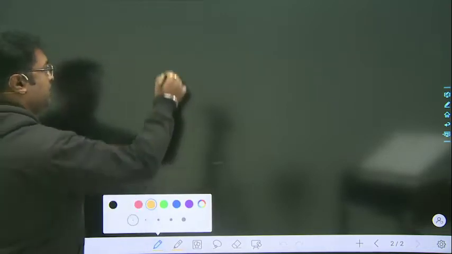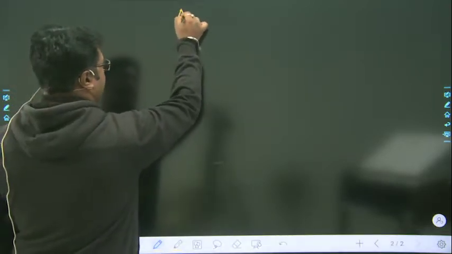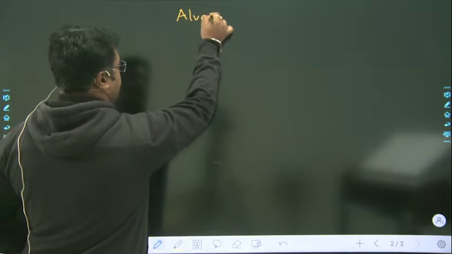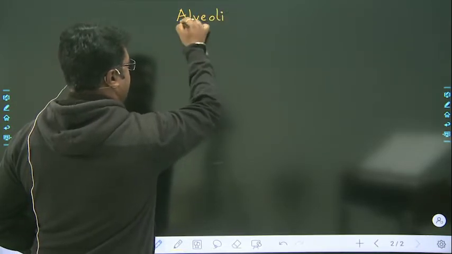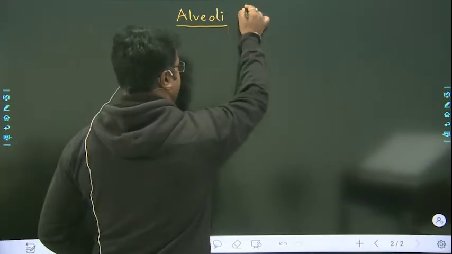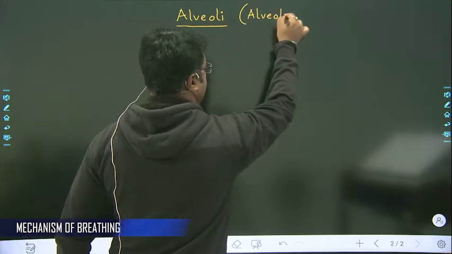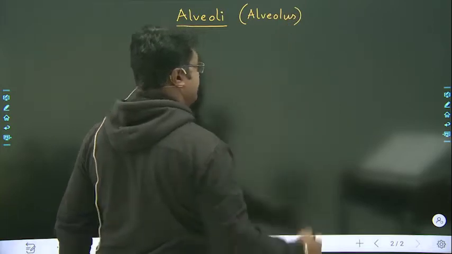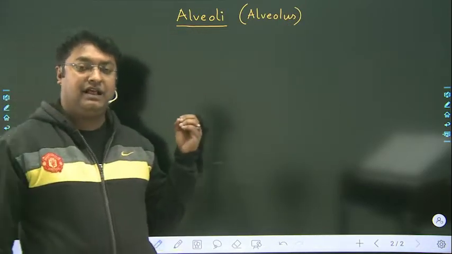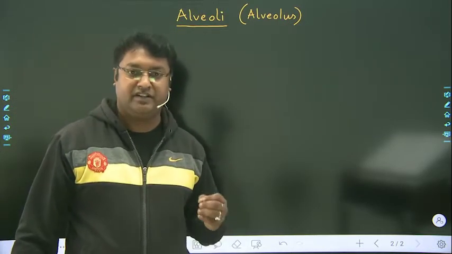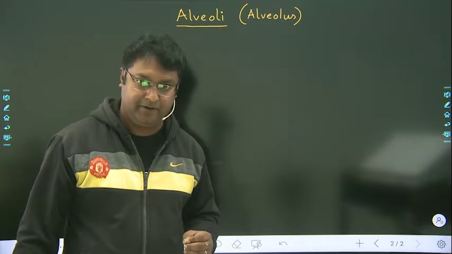So, first of all, let's see what we mean by alveoli. This single structure is known as an alveolus, and this was the last part of the lower respiratory tract, if I say.